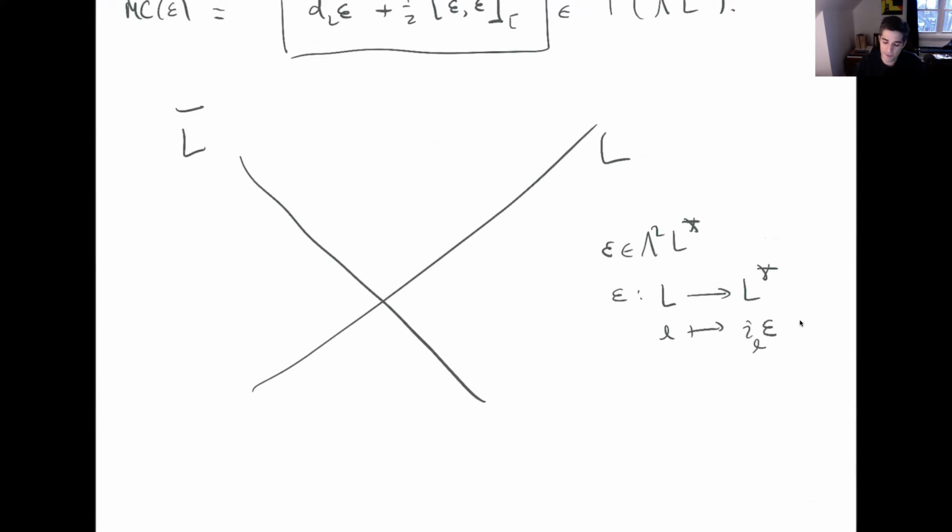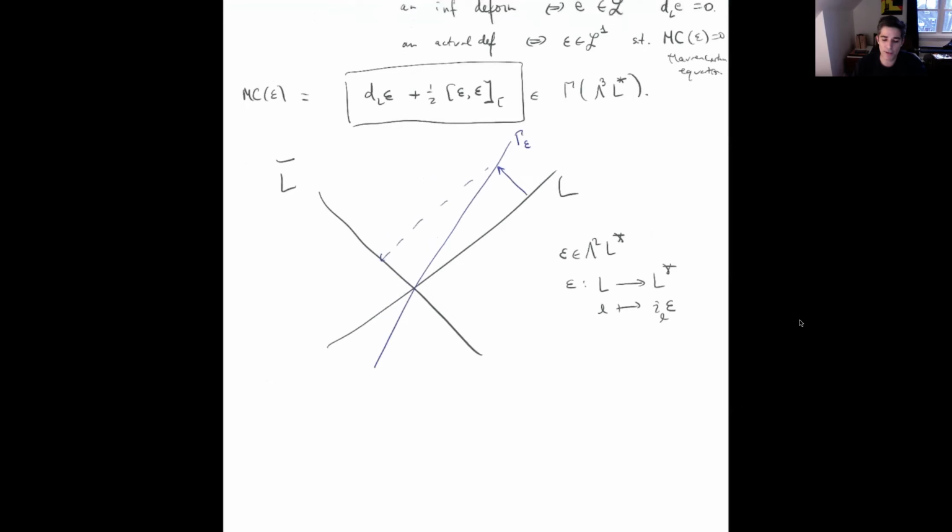And so we can take this map and look at its graph. This graph is supposed to be the plus i eigenbundle of the epsilon deformation of the generalized complex structure, right?